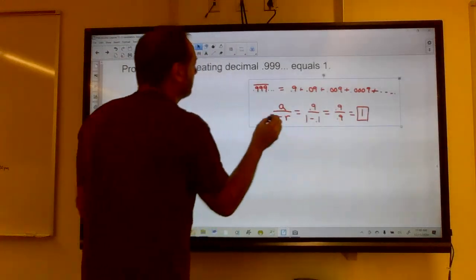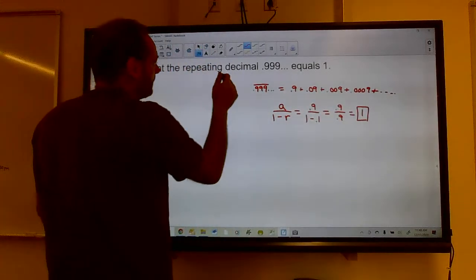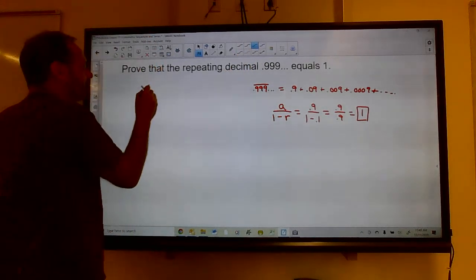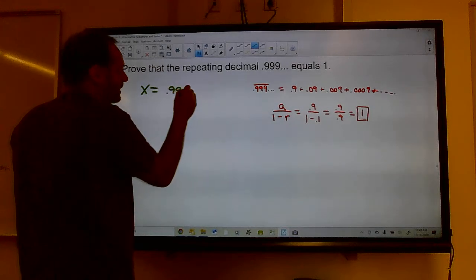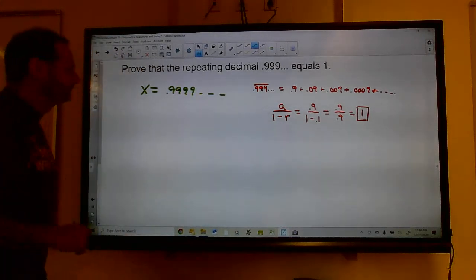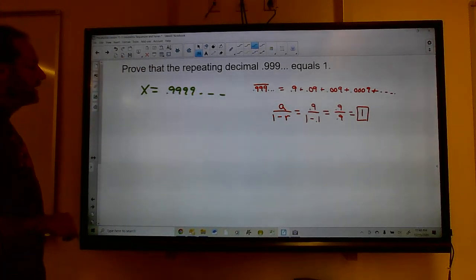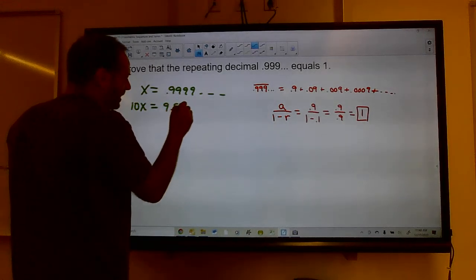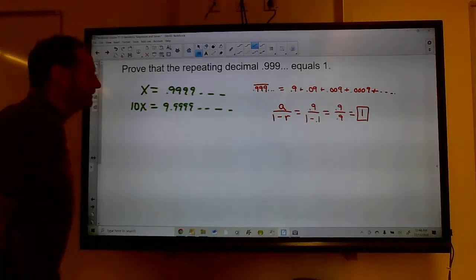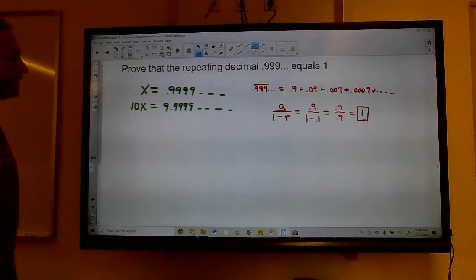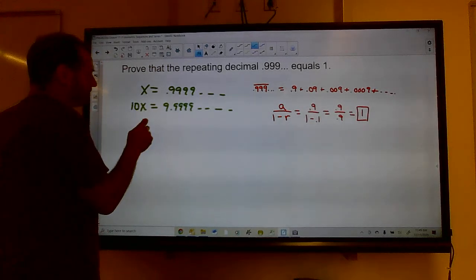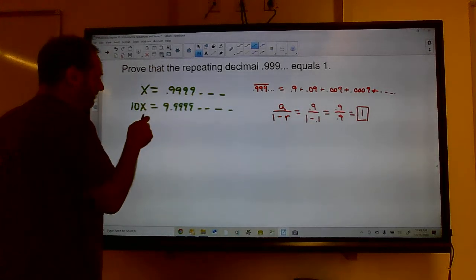You could say, well, let's let x equal 0.9999 forever. And then that means that 10x equals 9.9999 forever. And now we could use some algebra. We could take this right here away from this.